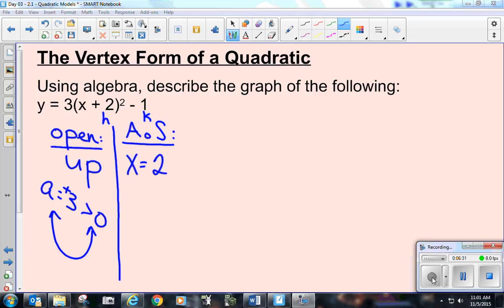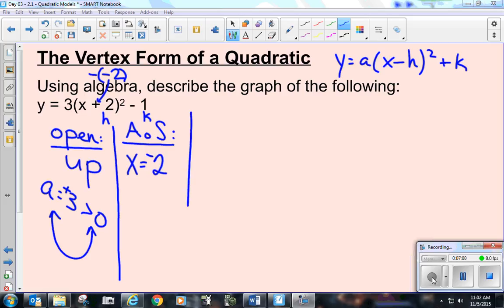Remember, the equation is technically y equals a times the quantity x minus h squared plus k. If this is a positive 2, well, I got to subtract that. It's like subtracting a negative 2, isn't it? That's what makes it positive. So I'm subtracting a negative 2 to make it positive. So this is actually negative 2. Remember, that h value, you've got to flip the sign when you take it out, or flip the sign when you put it in the vertex.